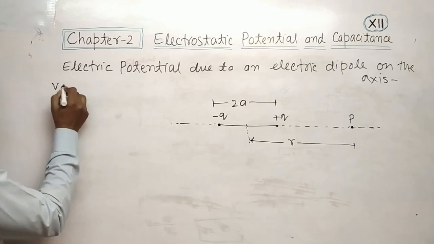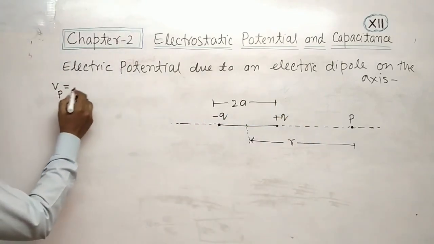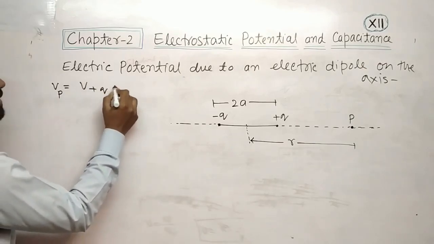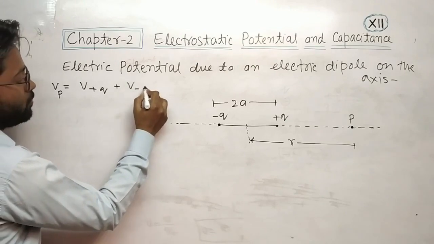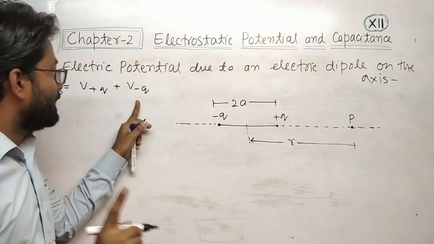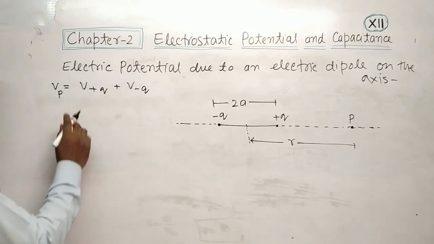Total potential at point P will be equals to potential due to positive charge plus potential due to negative charge. Potential is a scalar quantity.